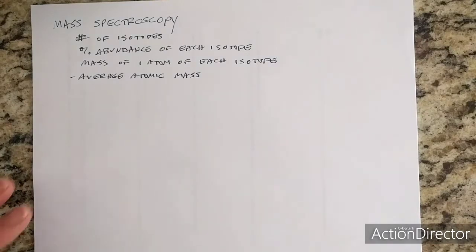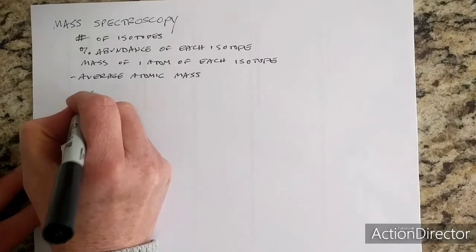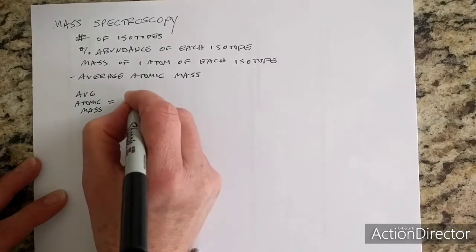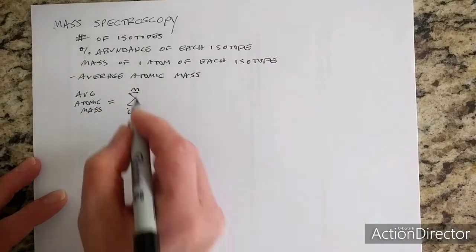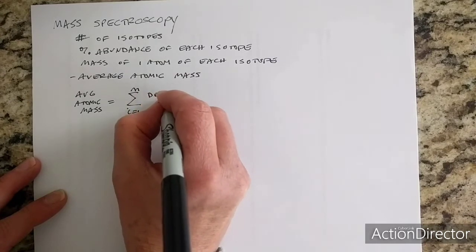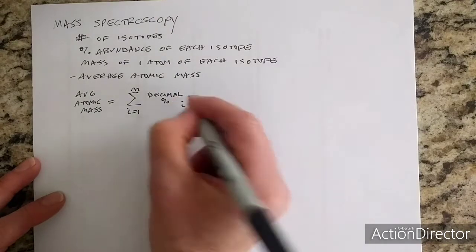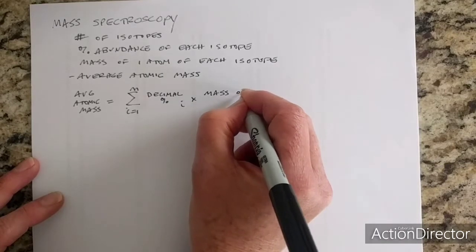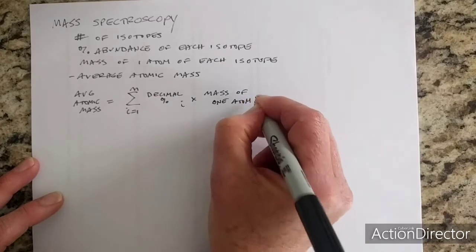So our formula for doing the calculation is that our average atomic mass is equal to the sum, i equals 1 to n, where n is the number of isotopes, of the decimal percent, the percent expressed as a decimal, of i times the mass of one atom of i.